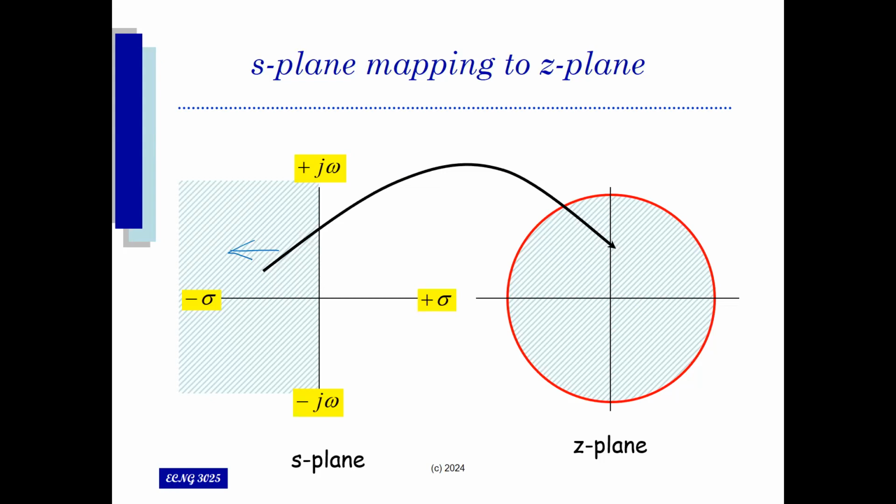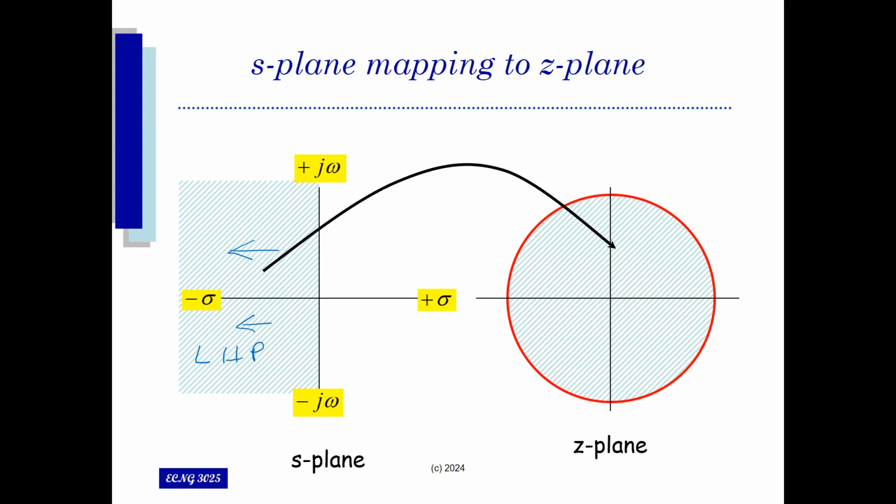And remember that was the significance of sigma lying negative, or in the left-hand plane. When we were talking about the Laplace transform, that is where you talk about stable systems.